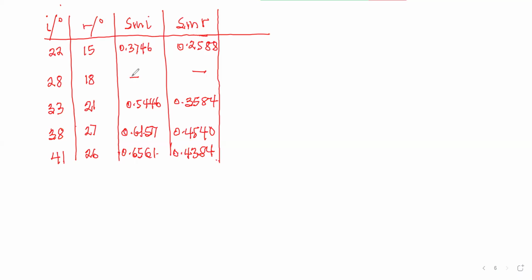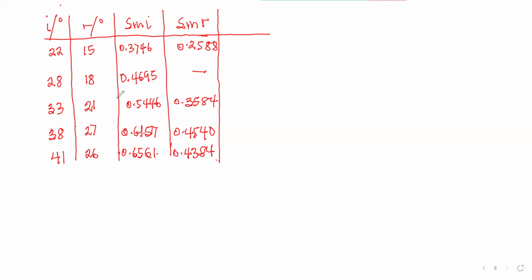Now, the omission. This is simple. What is sine of 28? Quickly, give me the value of sine 28 in 4 decimal places. Is it 0.4? 0.4695.